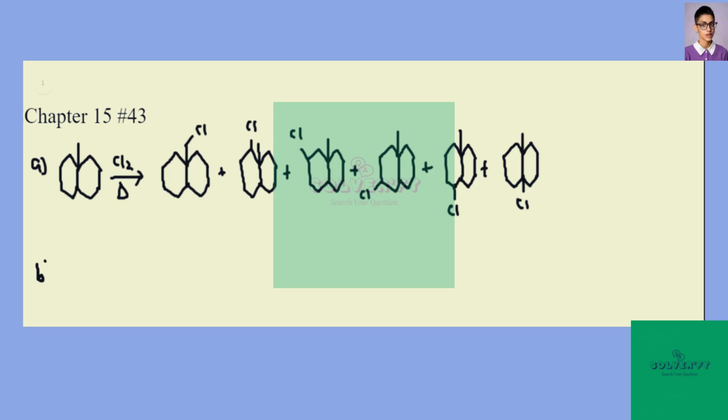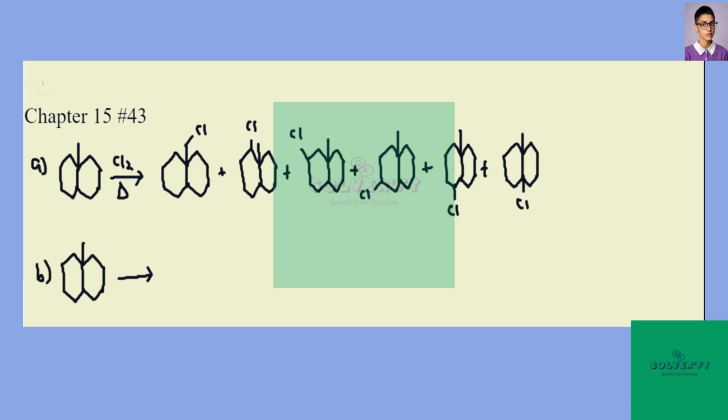Okay, so then for B, we're asked about the same thing, but with bromine gas or liquid bromine. It's going to depend on what temperature it is in your lab.